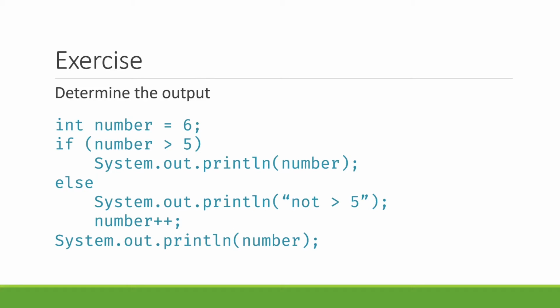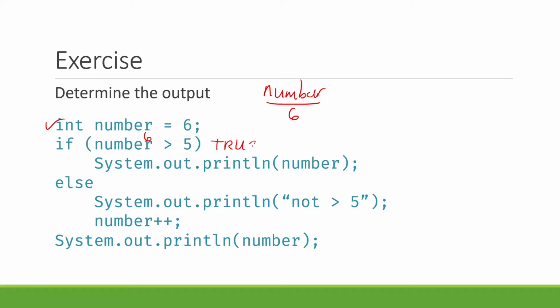So hopefully you had a chance to give this a try. Again, I'm going to trace through it just like we did before. I take my variable number. This time, it's being initialized to a value of 6. When I go to my next statement, my if statement, I want to evaluate: is number greater than 5? In this case, number is 6, which is in fact greater than 5.